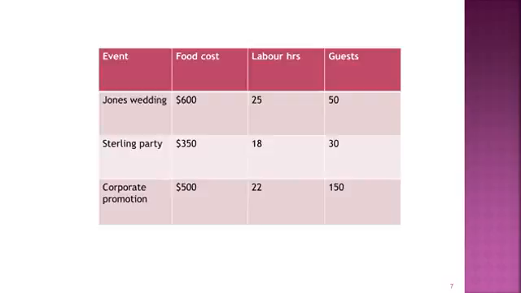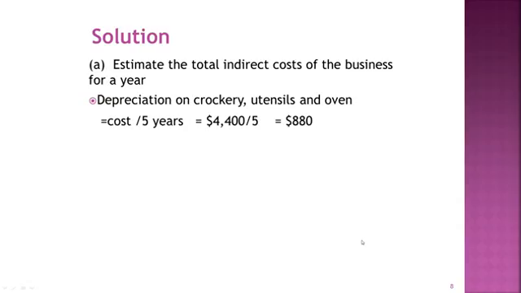The events are the Jones wedding, where the food cost is 600, labour hours 25, and the number of guests 50. The Sterling party, the food cost is 350, the labour hours are 18, and the guests are 30. And a corporate promotion where the food cost is 500, direct labour hours 22, and the guests number 150.